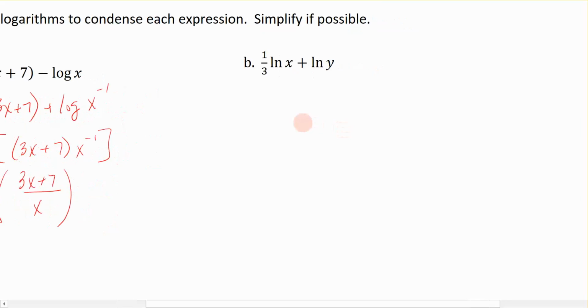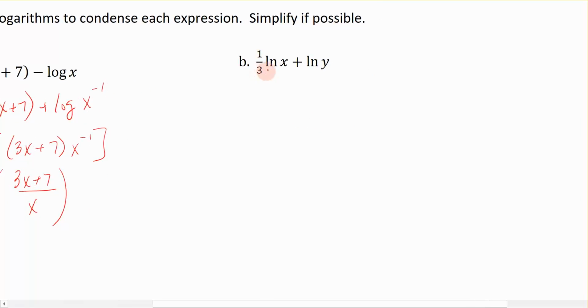Okay, let's look at the next one over here. I have 1/3 natural log x plus natural log y. Starting with the power rule again, I have a coefficient in front of my ln of x, and so when I rewrite this, it becomes the natural log of x raised to the 1/3 plus the ln of y.